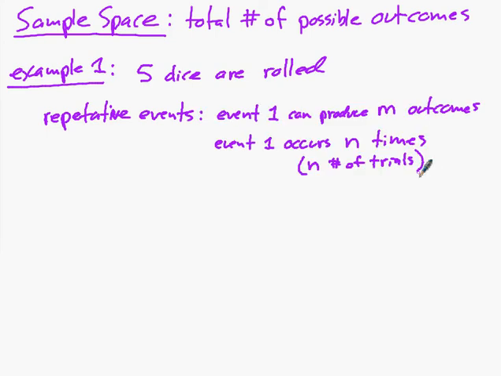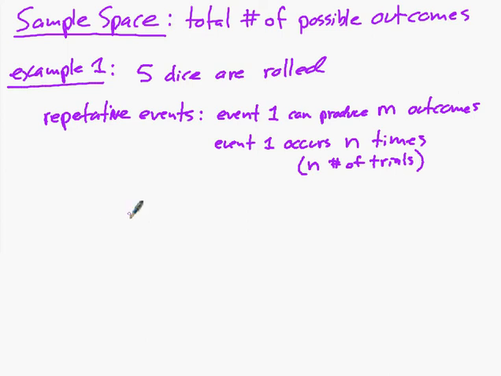So in repetitive events, event 1 can produce m different outcomes. In this case, there are of course 6 outcomes for one event, one die roll. And then event 1 occurs n times. All right, so there are 5 dice, so there are 5 rolls. Another way of saying this is that n is the number of trials that are occurring. And so with repetitive events, that's relatively straightforward.